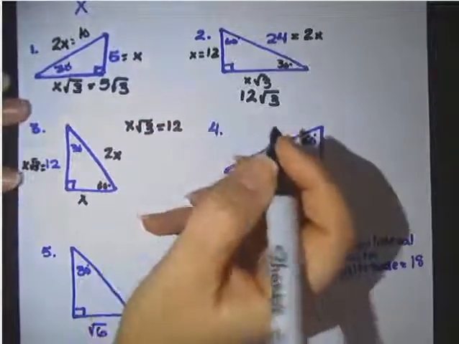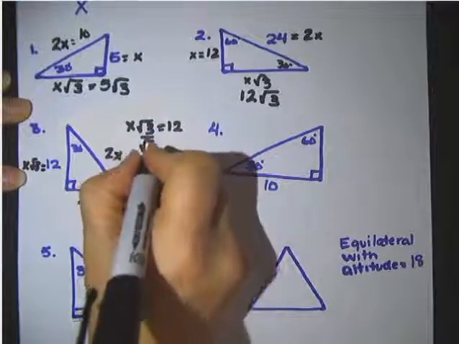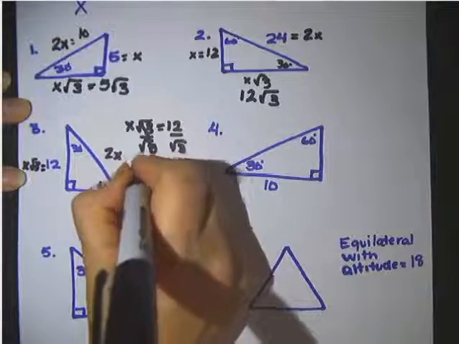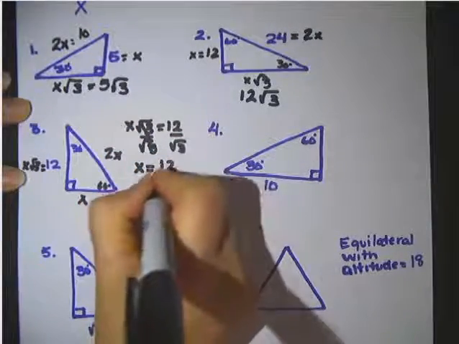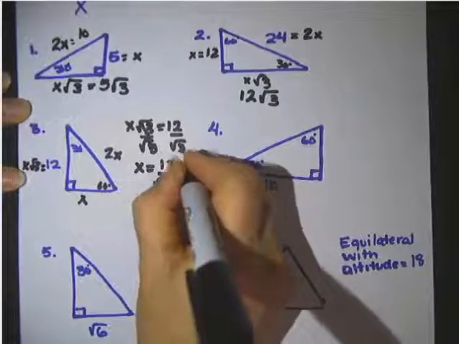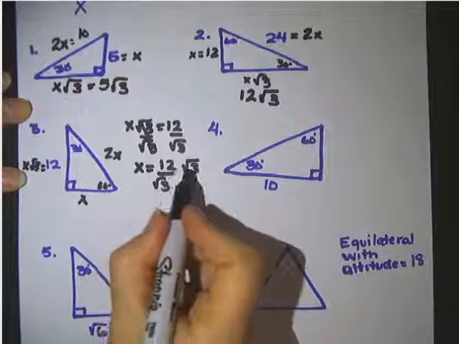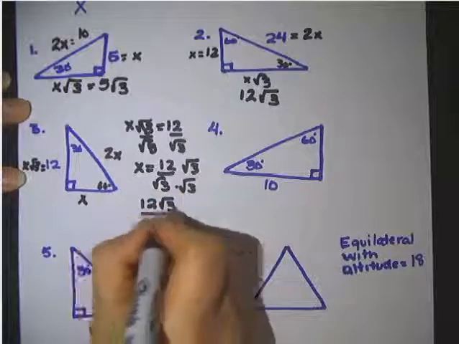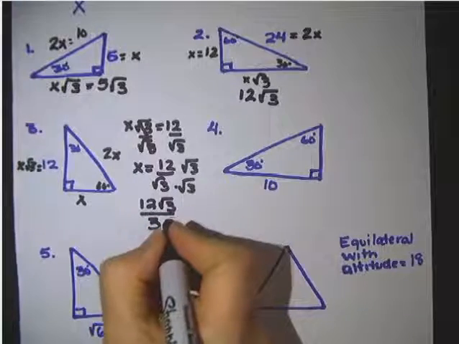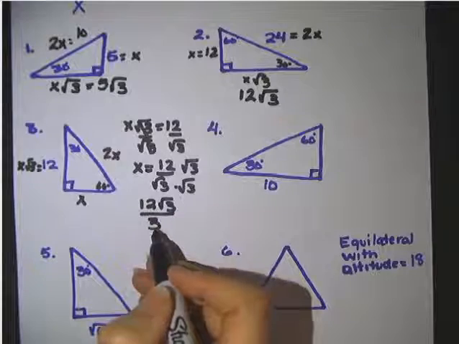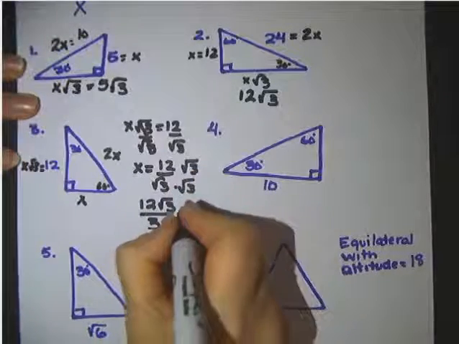So we divide by root 3. X equals 12 over root 3. Can't have a root on the bottom, so we rationalize by root 3. 12 times root 3 is 12 root 3. Root 3 times root 3 is 3. So there's our x again, but here we can simplify this 12 over 3 because everything's connected by multiplication and division there, which gives us 4 root 3.